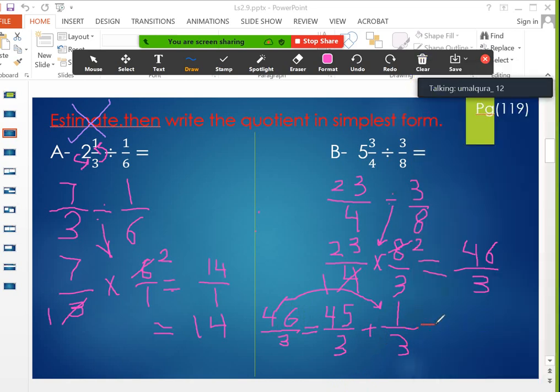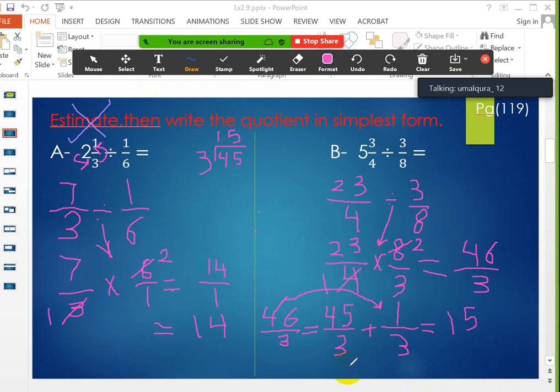So now, look, 45 over 3. 45 divided 3 equals what? If you divide 45 on 3, yes, thank you, Tolene. Your answer is correct. The answer will be 15.